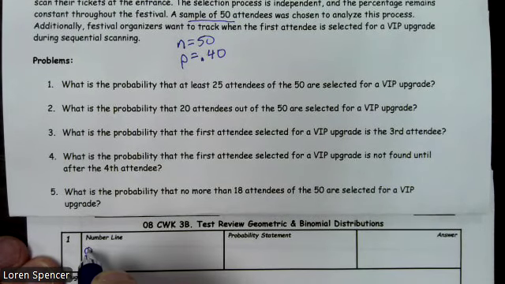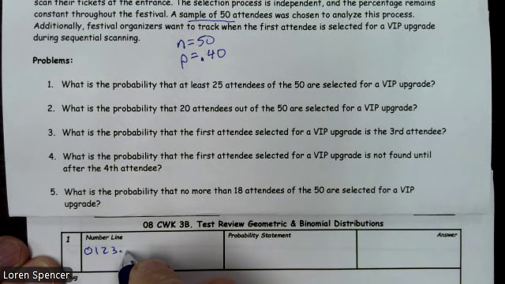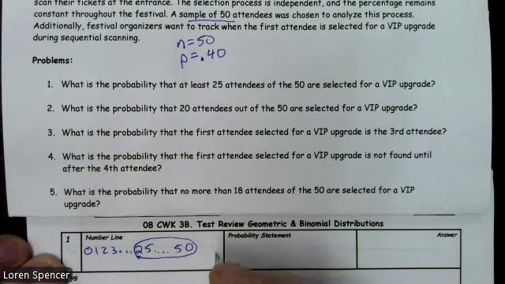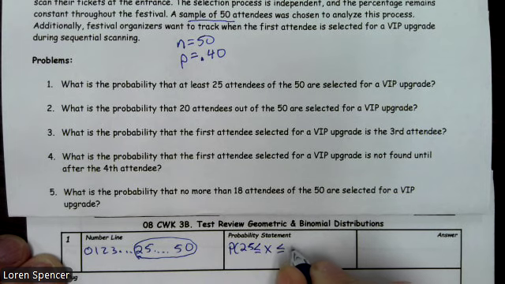So my number line is going to be 0, 1, 2, 3, dot, dot, dot to 25, dot, dot, dot, all the way to 50, because 25 is at least 25 and 50 is at least 25. So this is the group that we're looking for. My probability statement is going to be the probability that 25 is less than or equal to X is less than or equal to 50.